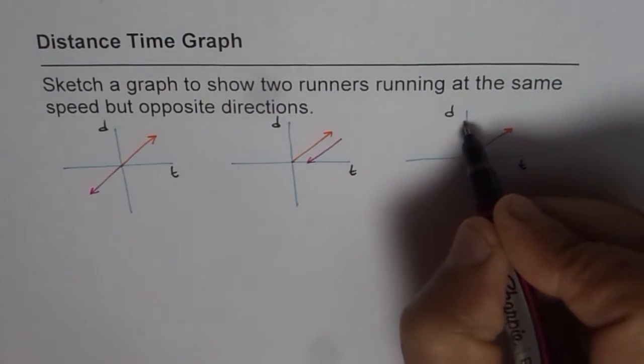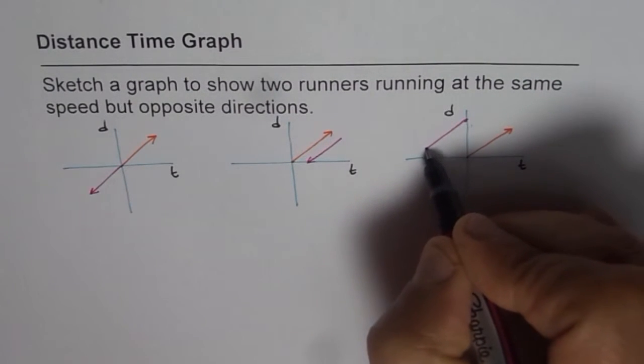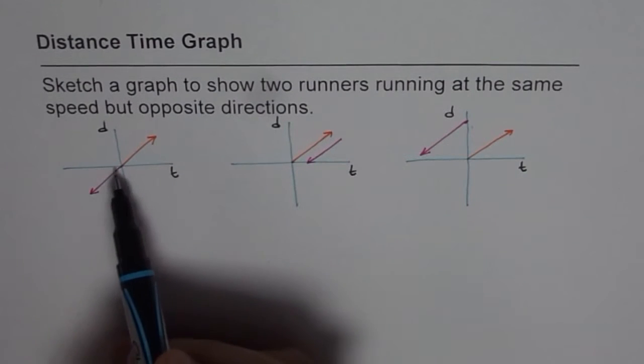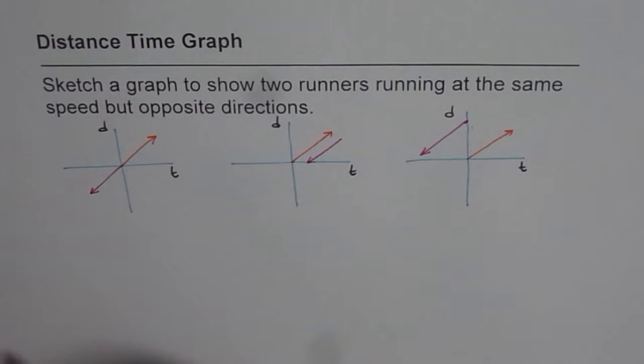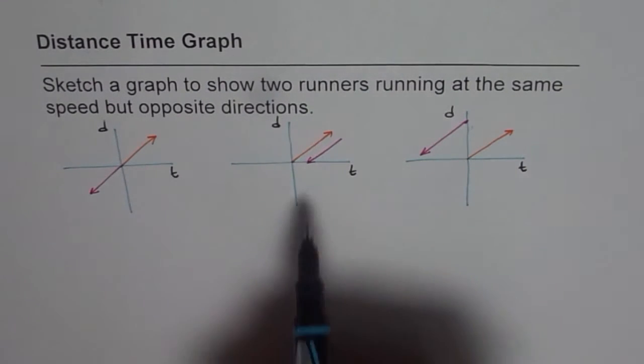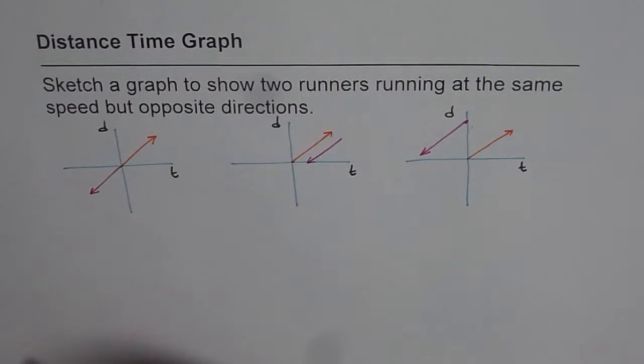Or can I draw like this? Same speed and opposite direction. It might be confusing, but I think it's very clear that all these graphs are incorrect. You cannot run back in time, right? So that is one reason that they all are incorrect. So you cannot draw like that.